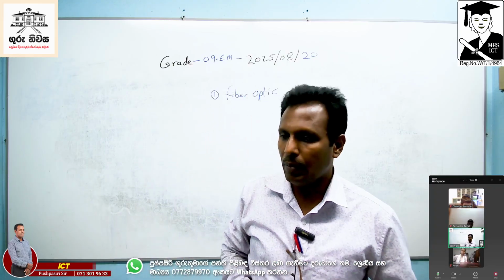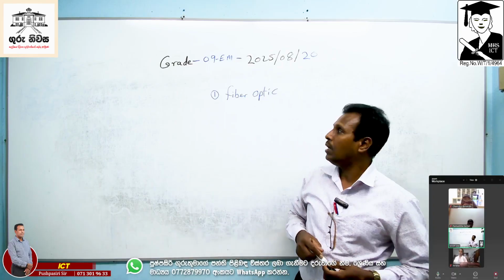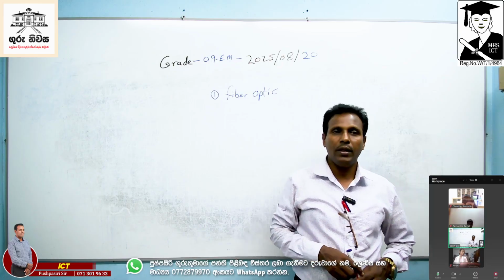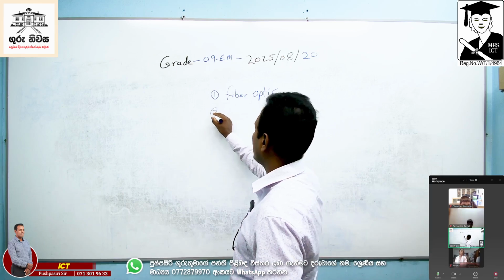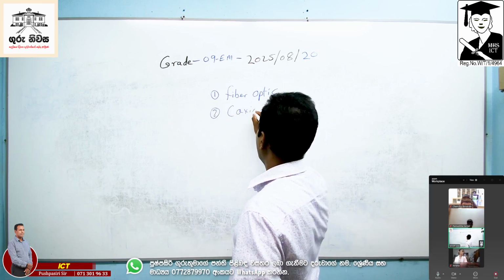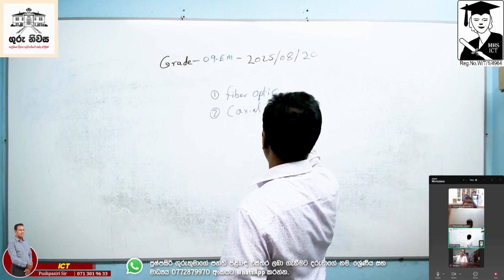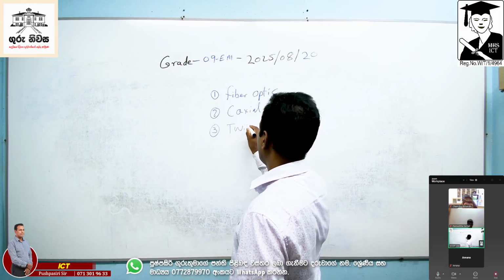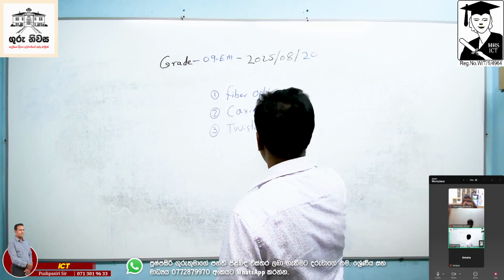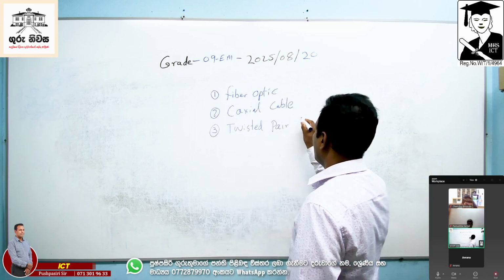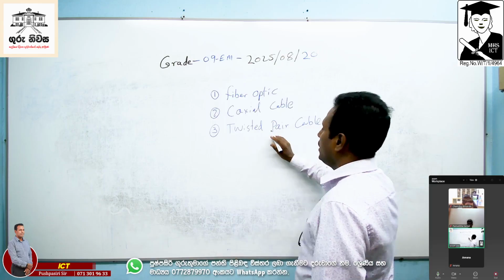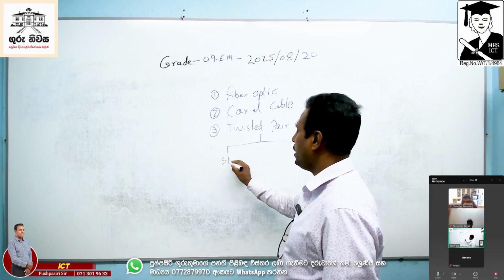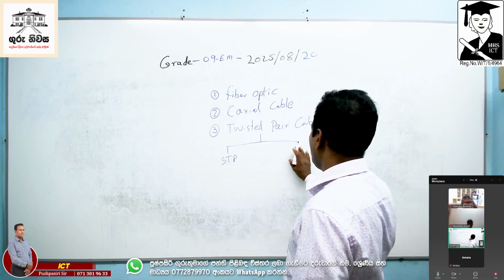Then the next one is coaxial cable, and then we have twisted pair cable. In twisted pair there are two types: one is STP, the other one is UTP.